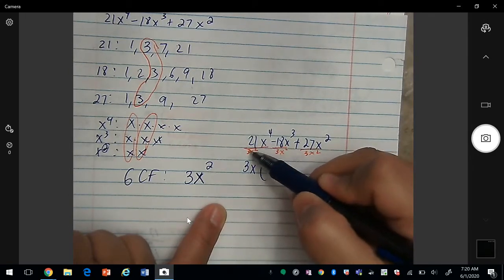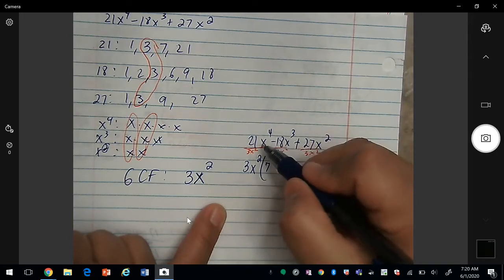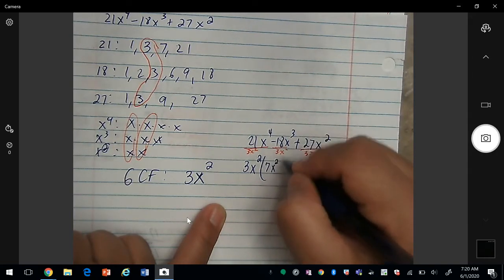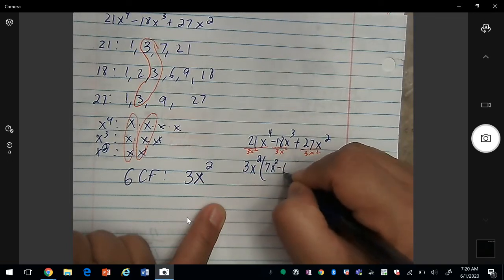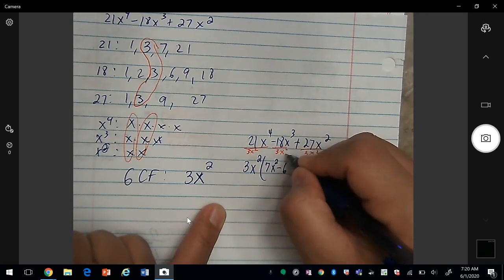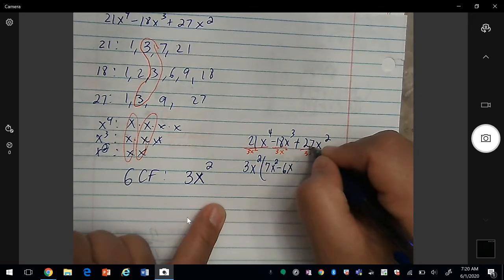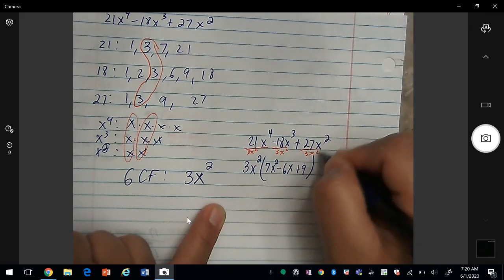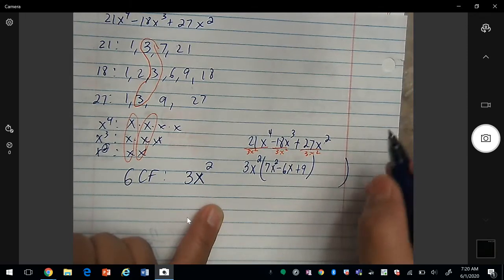So 21 divided by 3 is 7. X to the fourth divided by x squared is x squared. 18 divided by 3 is 6. X cubed divided by x squared is x. 27 divided by 3 is 9. And then x squared divided by x squared is 1.